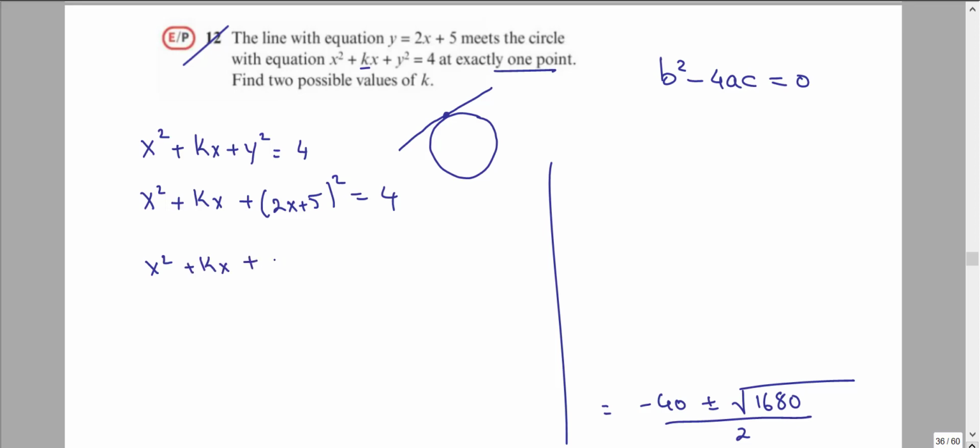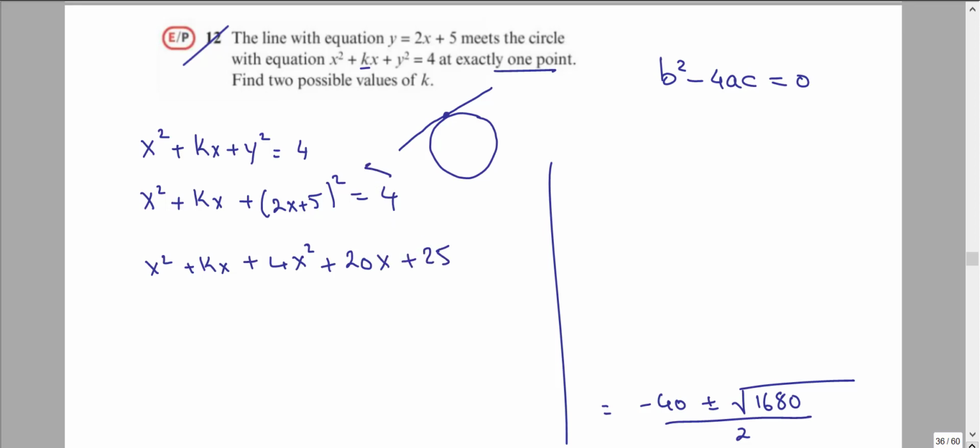If you expand, you will get what? Tell me. If I expand, it's x squared plus 10x plus 25.